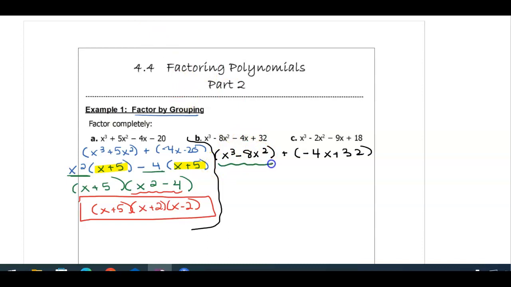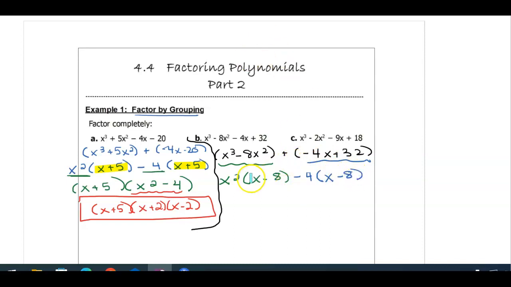So here, I can pull out an x squared, and when I do, I have an x minus 8 left over. And then for this here, remember, I want this to match this, so I want this to be an x. So I'm going to pull out a negative 4, and I'm left with an x minus 8.